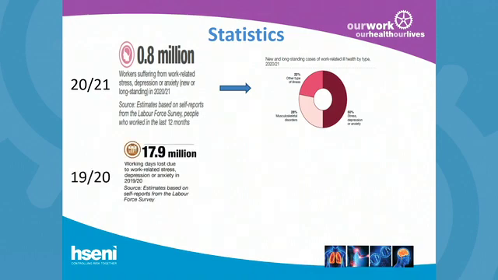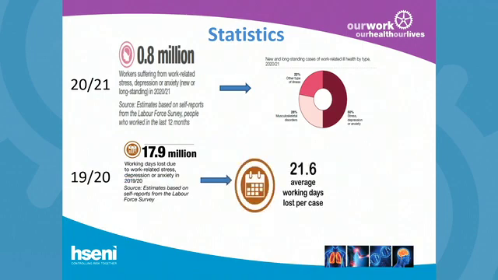Some figures as well from 2019-2020: 17.9 million days were lost due to work-related stress, anxiety and depression. And I think this is a very important point for organisations to take into consideration. The average duration per case that someone may be off work if they're suffering from work-related stress is 21.6 working days.